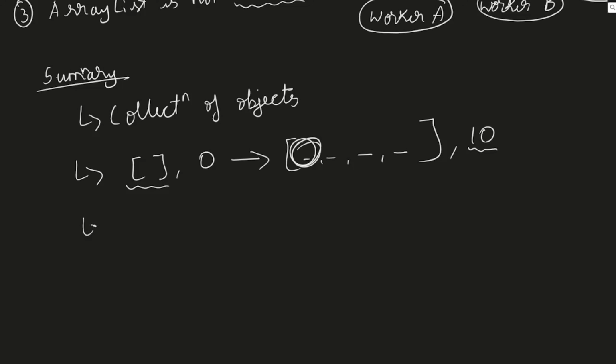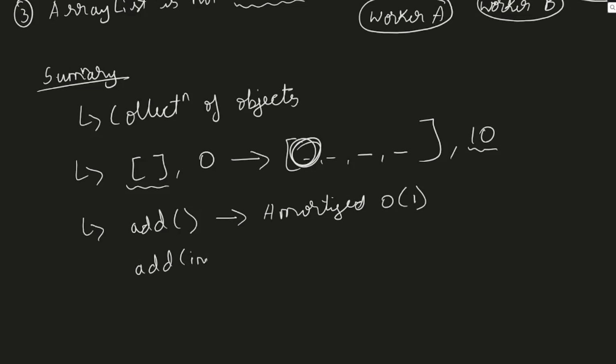And the time complexity of the add function is amortized big O of 1. Then we discussed adding at a particular index as well, which is big O of n, and pulling a particular element from the array list, which is again big O of n.